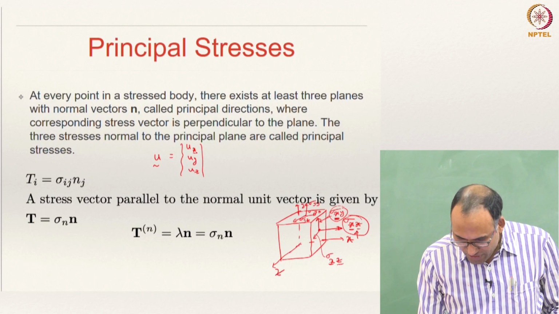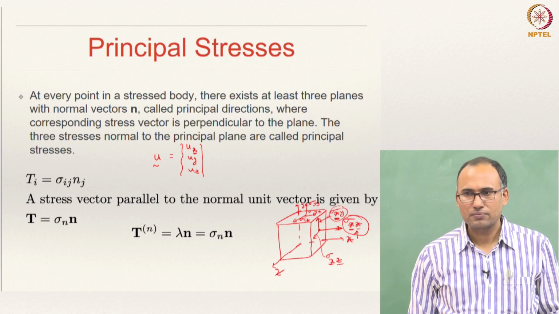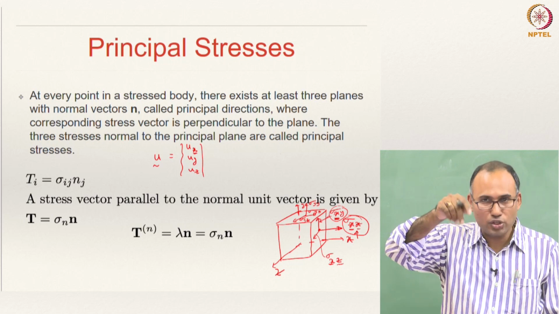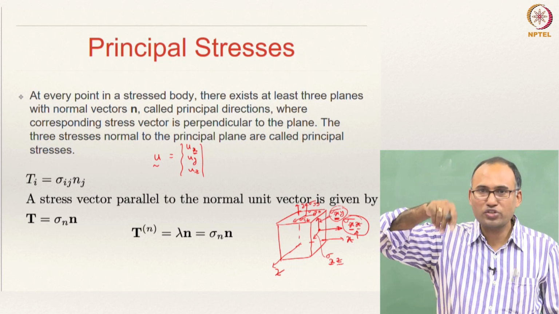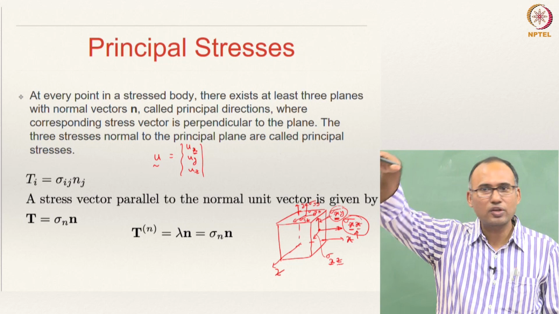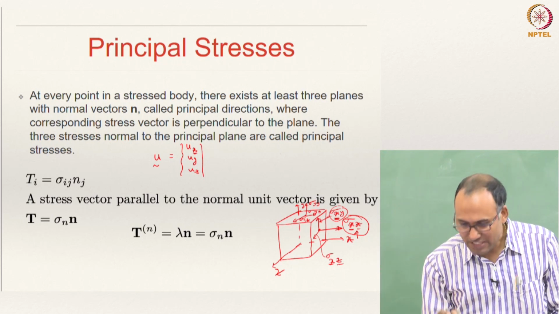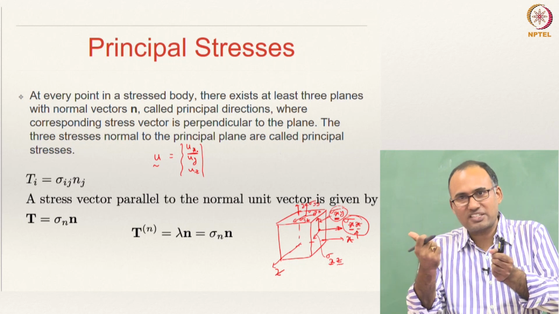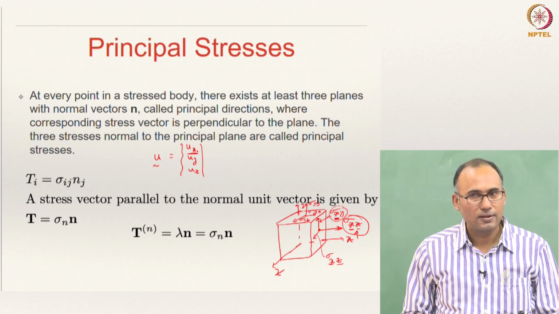So, this index represents what? The direction, right. The elements of your vector u are the projections of this vector on each of the coordinate axes. That basically represents the component of the velocity or displacement vector along x direction, y direction and z direction.